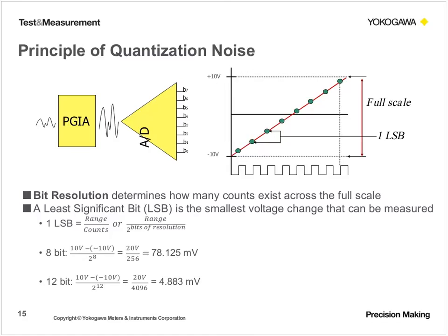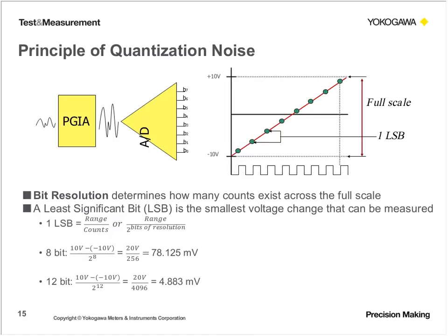What that tells us is that we can resolve a signal down to 78 millivolts, which is not very great resolution when you're dealing with very low amplitude voltage signals. That tells us that our 8-bit data acquisition system can only determine measurements with a resolution of approximately 78 millivolts.